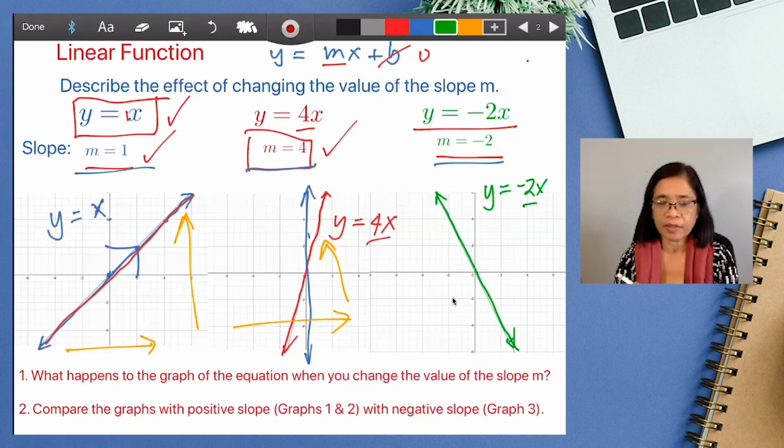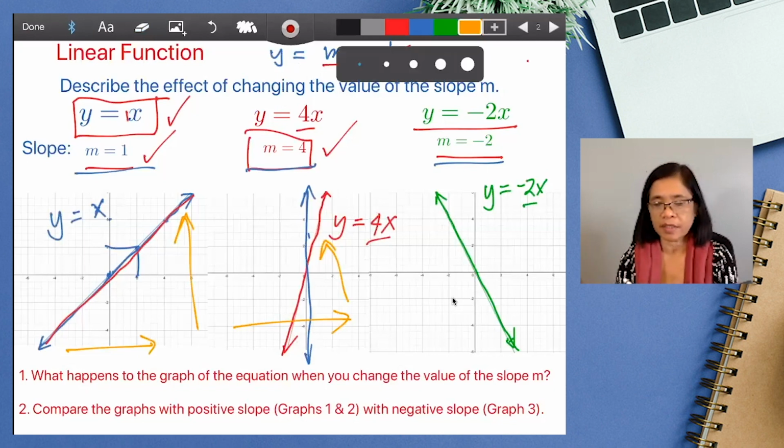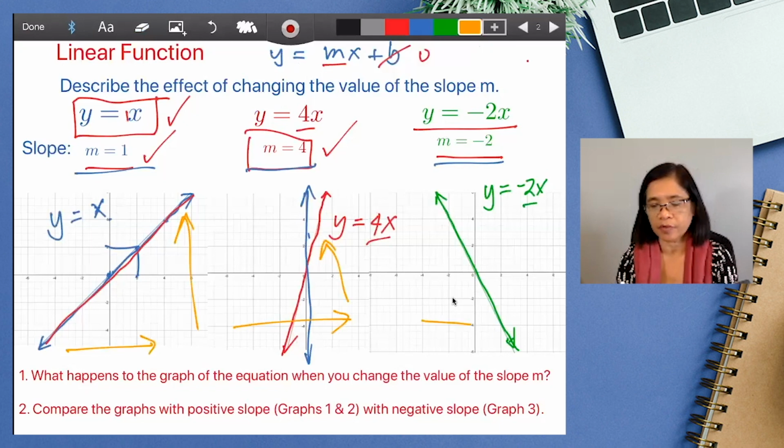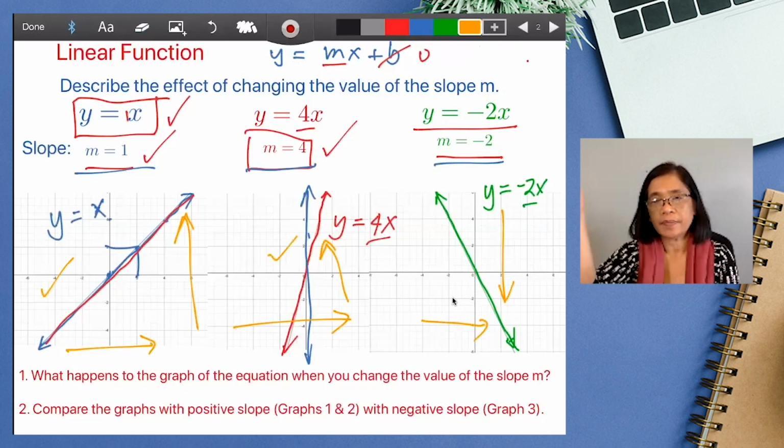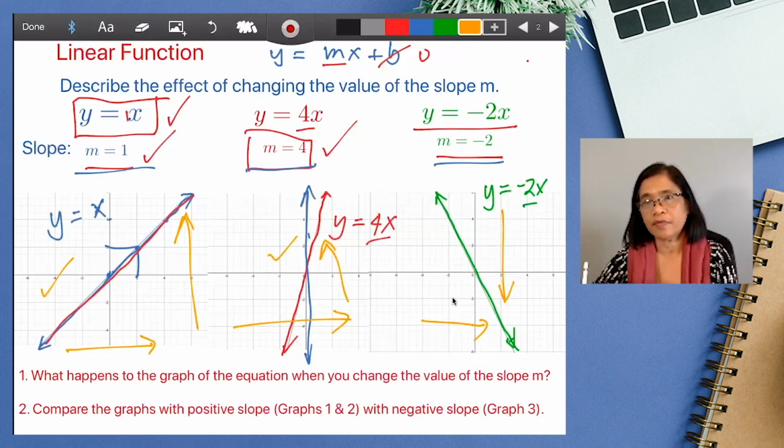Falling because as x increases, as we move from left to right, the value of y decreases. Again, if we compare this to graphs 1 and 2, these two lines are rising. And the line with a negative slope is falling.